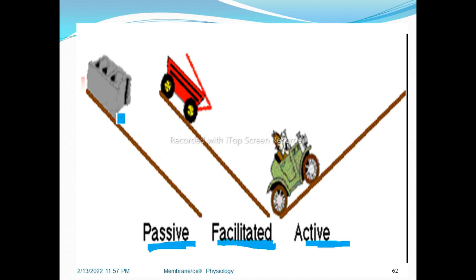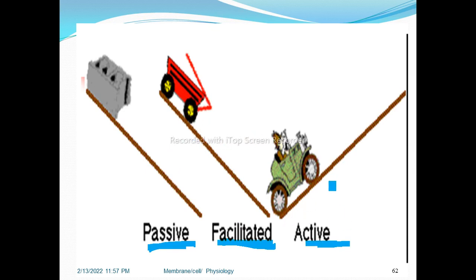The difference is that there is less friction because it uses tires, so it is faster. Facilitated and passive diffusion are similar: movement is from high to lower concentration, down the concentration gradient. The difference is their speed. The other is active transport.